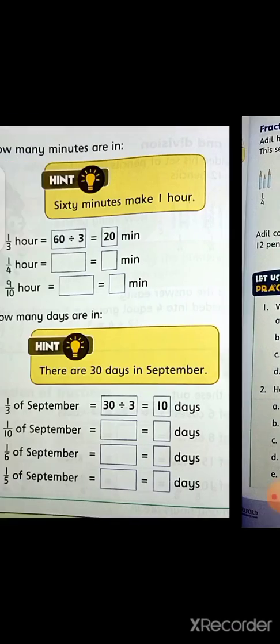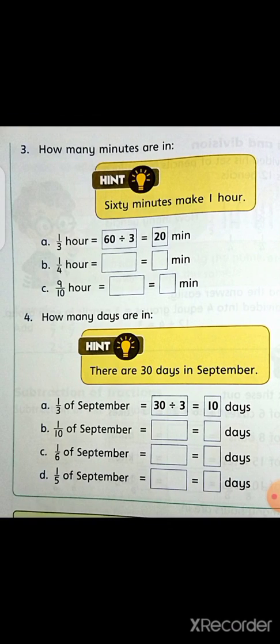Now come to page 120. How many minutes? Question number 3. How many minutes are there? 60 minutes make 1 hour. It means 1 hour is equal to 60 minutes. Good. So you are going to change 1/3 hour into how many minutes?